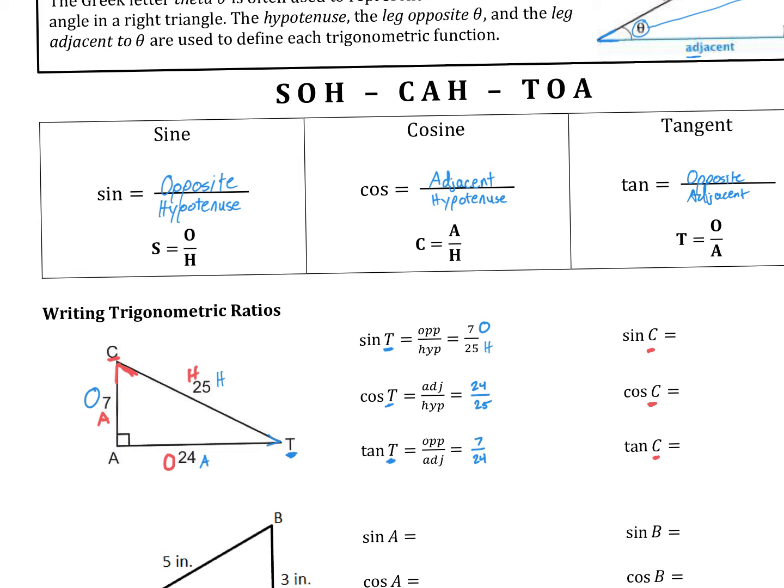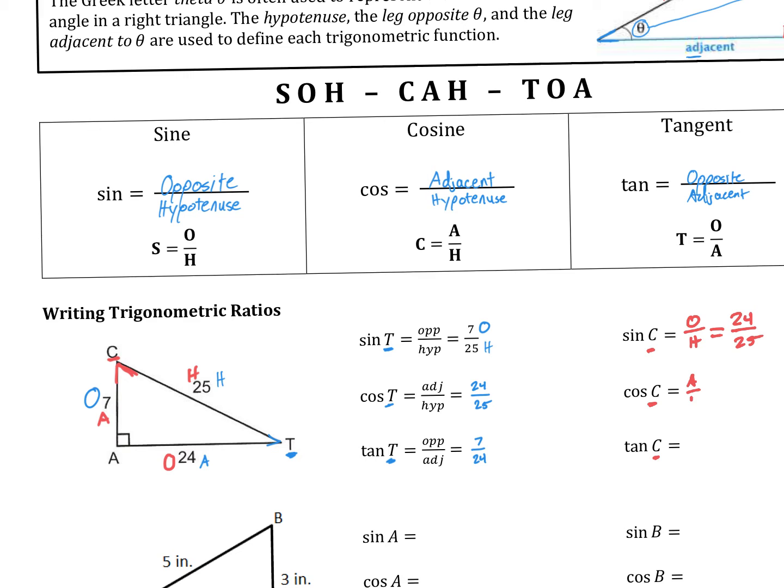Okay, so sine of C, sine is O over H. I can write that out if I want. Opposite over hypotenuse. Opposite is 24, hypotenuse, 25. Cosine C. Adjacent over hypotenuse.